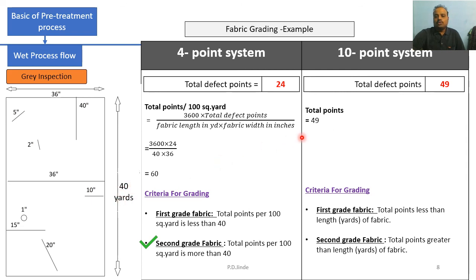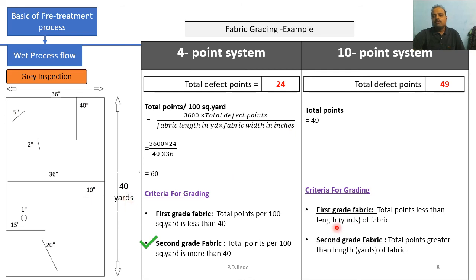And what is the total defect points? It is 49. So our first grade criteria is if the total defect points is less than the length or the yardage of the fabric, in that case we consider this fabric as first grade fabric, right? But is this condition satisfied? No. 49 is not less than 40.